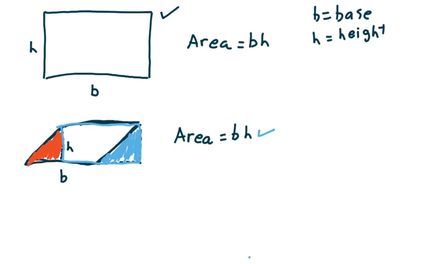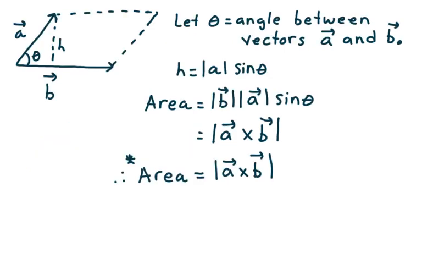Now, let's go to the next page. Let's take a look at a parallelogram with vectors. Suppose A and B are vectors, and suppose A and B share a common initial point that we'll put right here. And we're going to let theta be the angle between vectors A and B. Now, notice how I have a height h.